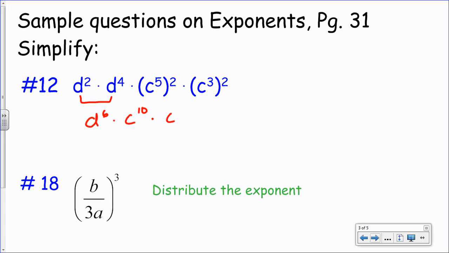Here I have to multiply c to the. Do I have any common bases? Yeah, the c's are common, so I have d to the 6th, c to the 16th. Add. Any common bases left? Any negative exponents? Okay. You can put a dot here if you want, but variables next to each other imply multiplication. So you don't have to have the dot in between.